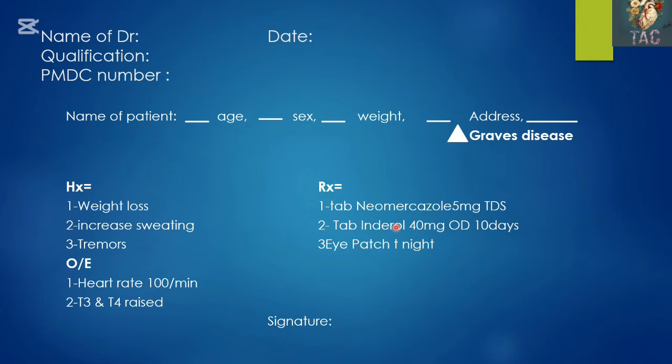So we will give the patient Neo-Mercazole 5 mg TDS, and it will be continued. And in addition to Neo-Mercazole, you will prescribe the tablet Inderal 40 mg once daily for 10 days to give symptomatic relief to the patient. Also an eye patch at night is given to the patient, and then the signature.